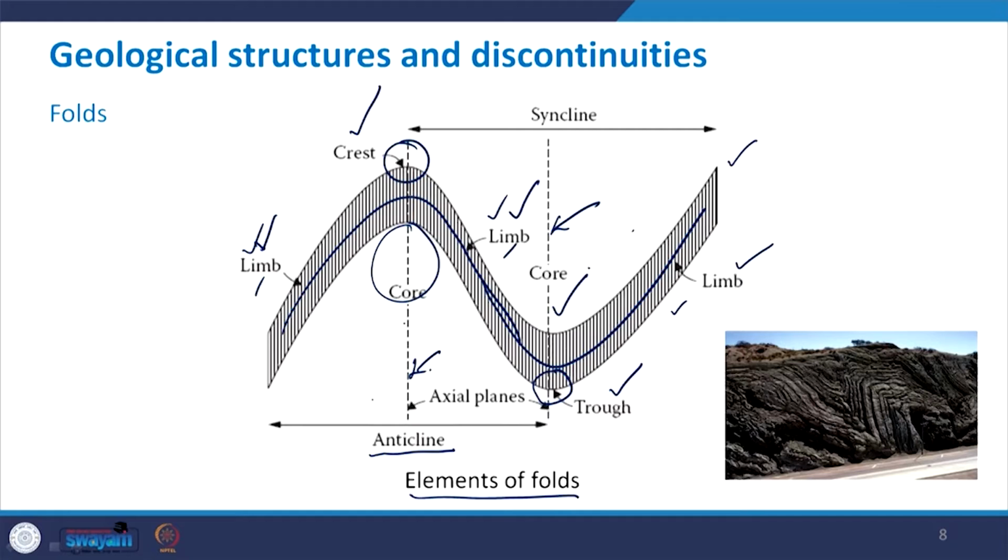So, here it is the oldest rock, and here it is the youngest rock which will be formed. So, these are the various elements of the folds, and then in this picture you can appreciate very nicely an anticline as well as syncline.